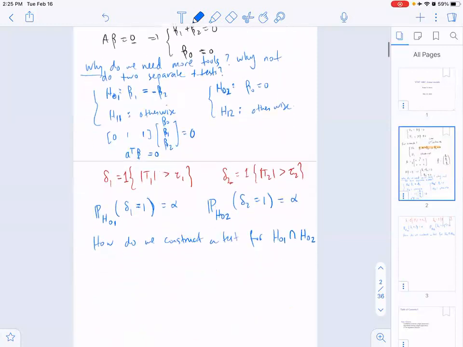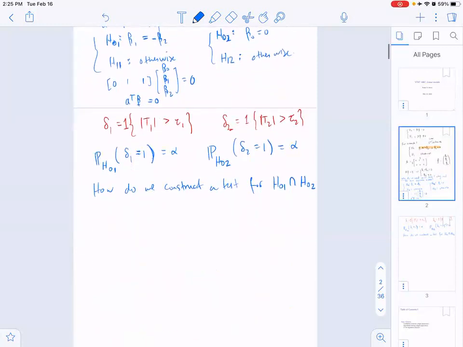This should be simple, right? How do you combine these two?